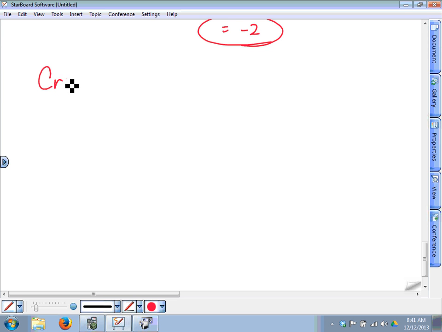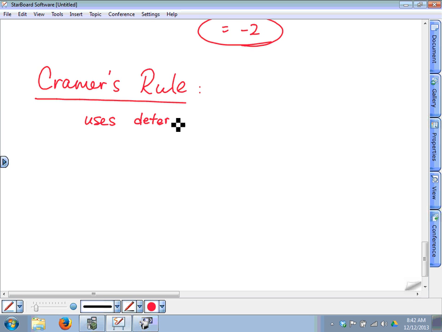Let's do Cramer's rule. So, Cramer's rule uses determinants to solve a system of equations.